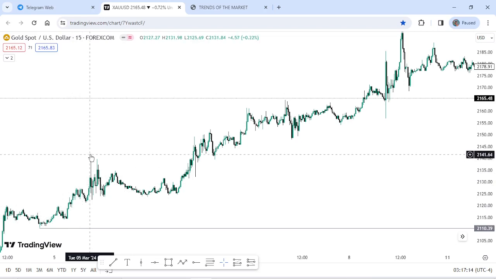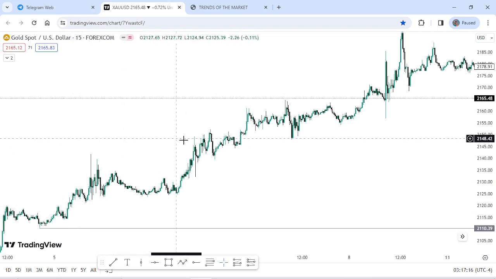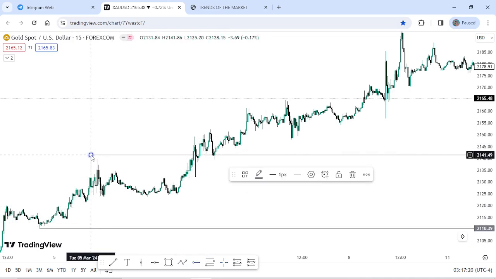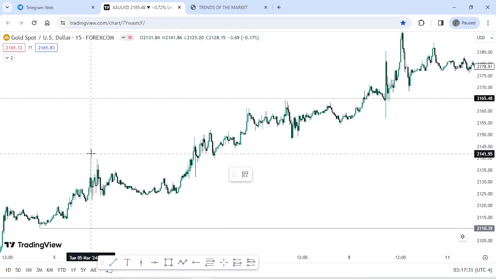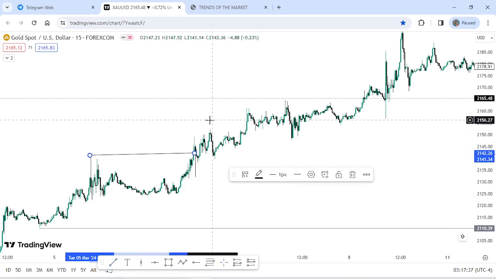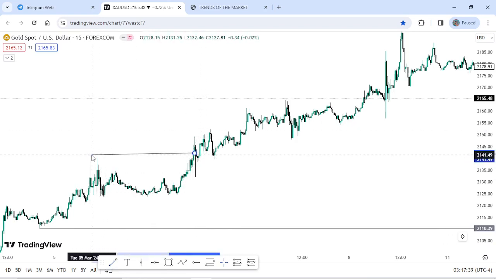And what about this high? This high right here. Let me just identify this for you. This is a high right here. So I think I should use the trend line too. You are going to look for a high that is higher than this one that you have already marked out. So which high is higher than this high?